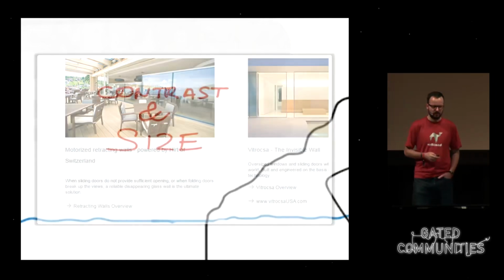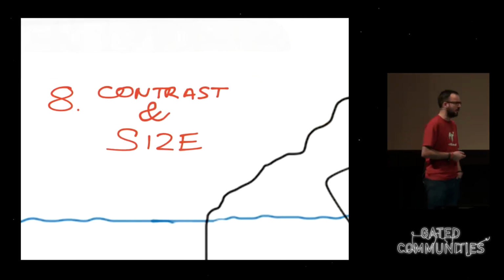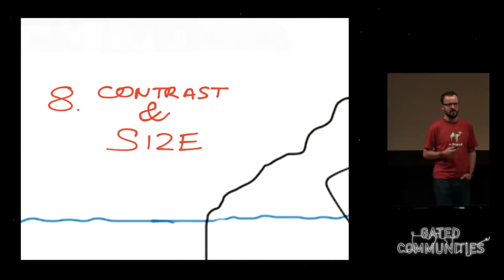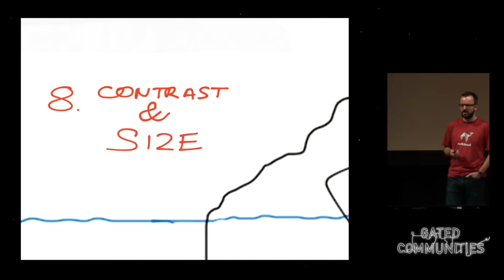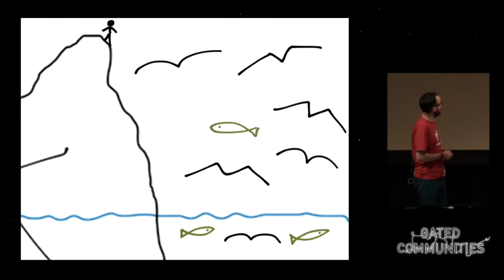This point was about contrast and size. We can call it also accessibility. This is not the only rule for accessibility, but this is the important one because this is about information perception.